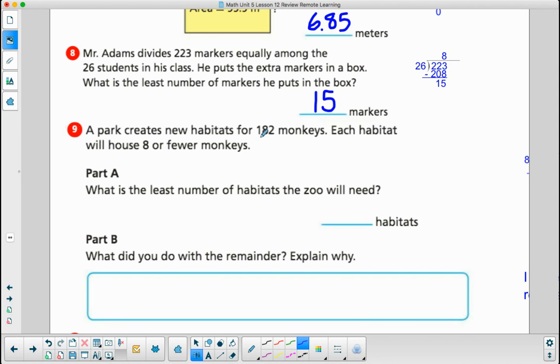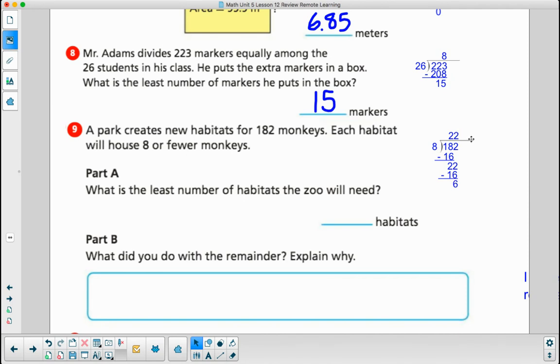Number 9, a park creates new habitats for 182 monkeys. That's a lot of monkeys. Each habitat will host 8 or fewer monkeys. So I can only put 8 monkeys in a habitat. What is the least number of habitats the zoo will need? All right. So I'm going to take my 182 monkeys and divide it by 8. And when I divided 182 by 8, I got 22.